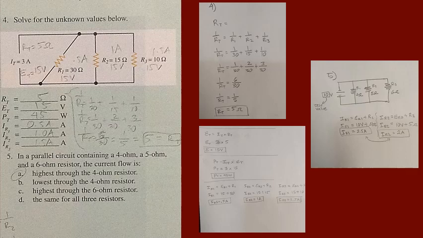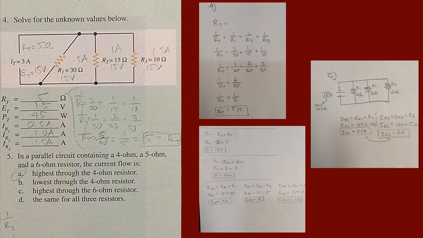To find our current at R1, we don't have that just yet. They're not giving it to us in our problem. However, we know the voltage at R1. Remember, the voltage is the same across each of the resistors in a parallel circuit. So we know the voltage drop at R1 is our total voltage, which is 15.